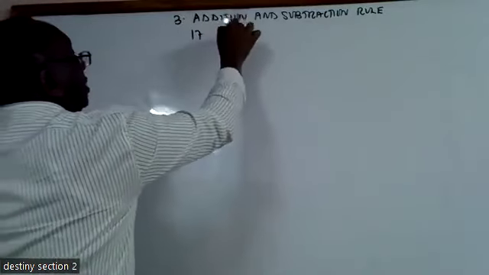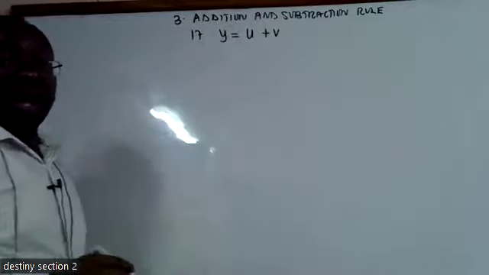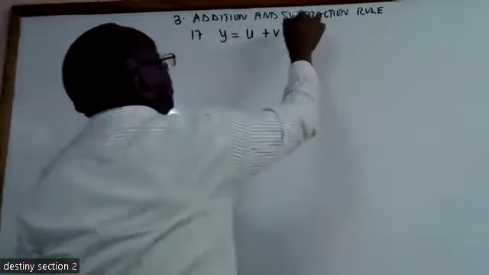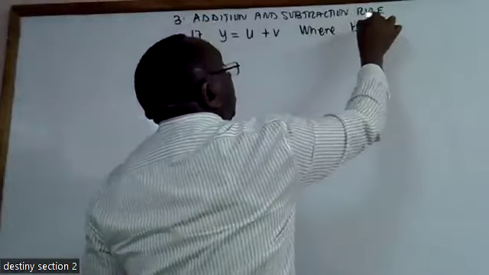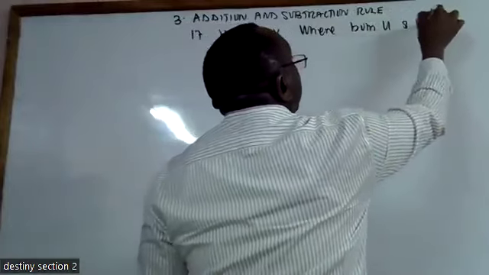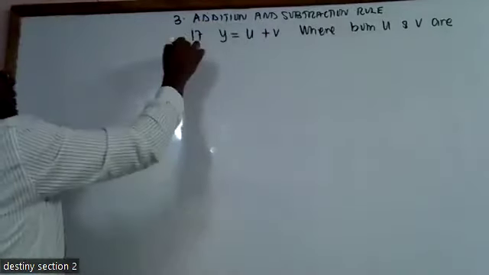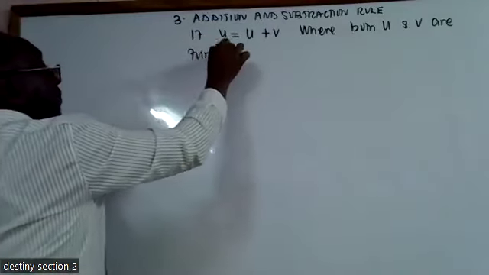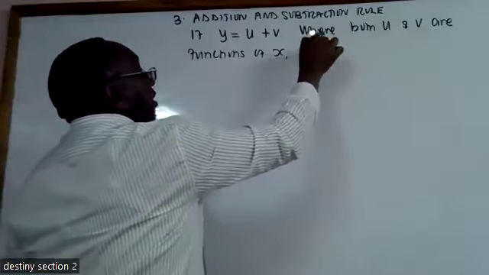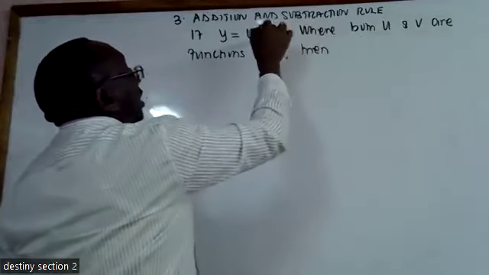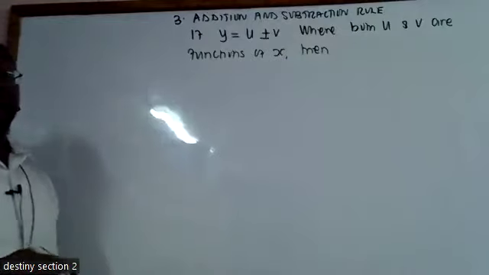If y is equal to u plus v, where both u and v are functions of x, then actually let's come back here and say plus or minus, because I'm combining plus or minus.